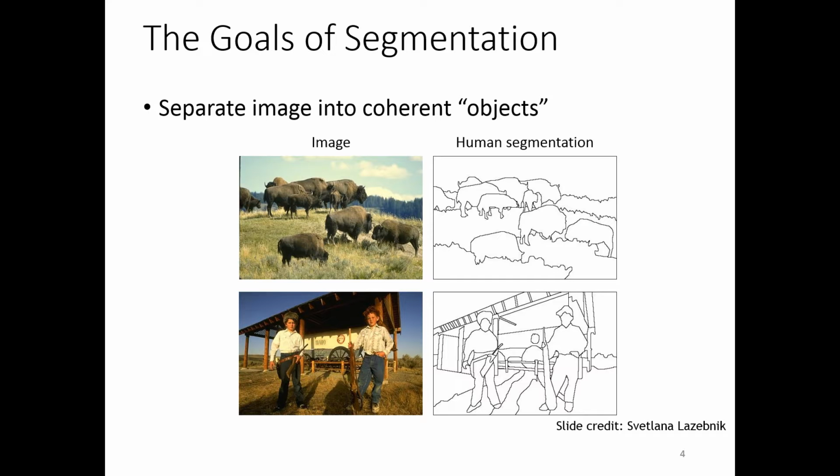If we have images like this, as humans we would potentially like to be able to segment a result like this. Each of these is a buffalo, I guess, and then maybe we segment these two boys here with the guns and so on and so forth.